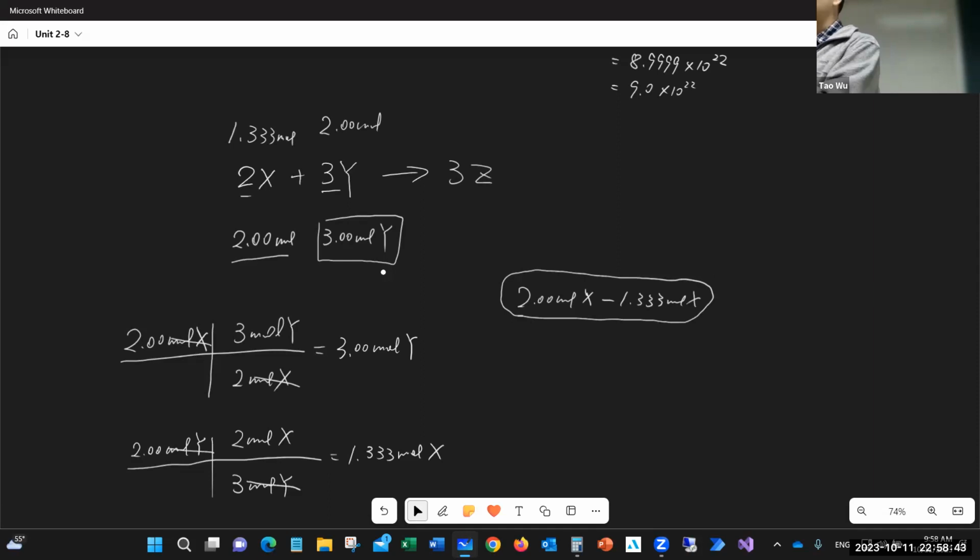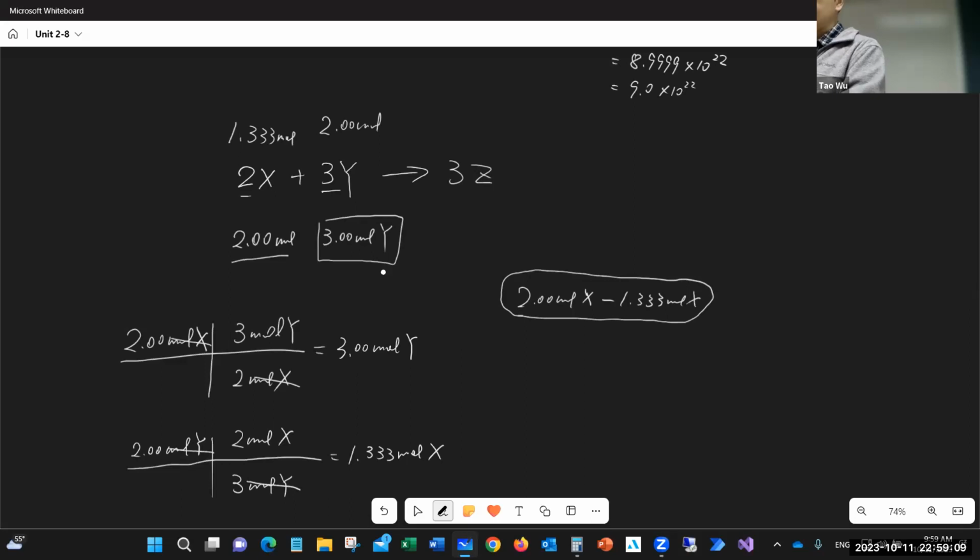But usually I don't do this, okay? I have an easier way to demonstrate which one is the limiting reagent and which one is the product. So let's look over here. I'm going to talk about my way. It doesn't matter which one you think is familiar or easier to understand.